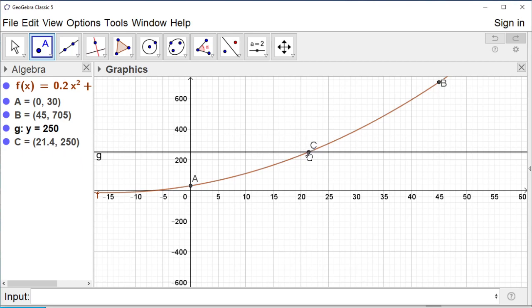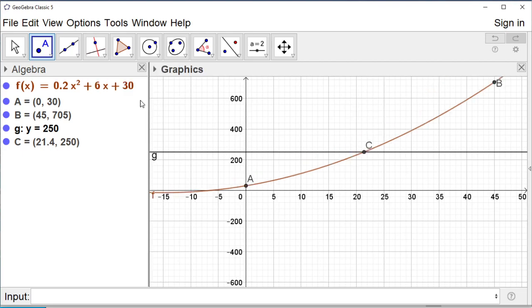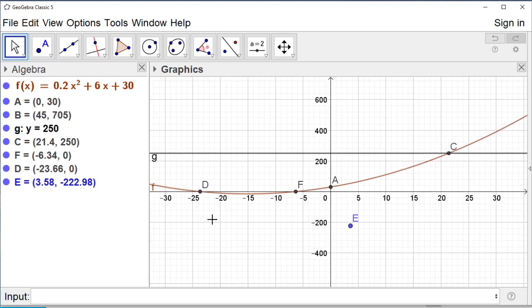Okay, but I don't know how to use the equation to get this value. Because how am I going to get this value? If I look at my graph, right, and I do the quadratic equation, it's going to tell me that there's a root at negative 6.4 and at negative 23.66. But these obviously are not the right answer.